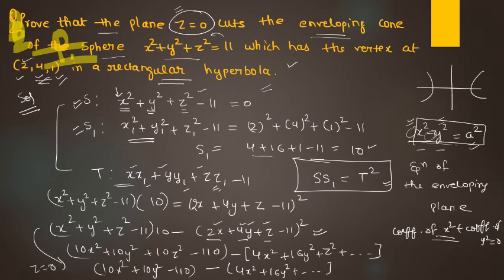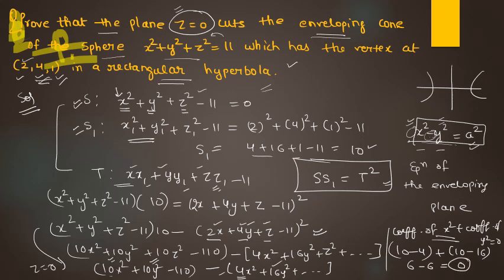This is what we have to prove, right? So what is the coefficient of x square here? 10, and what is here? Minus 4. So 10 minus 4 is the coefficient of x square. What is the coefficient of y square? 10 minus 16. So 10 minus 4 is 6, and 10 minus 16 is minus 6.